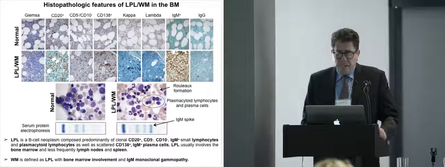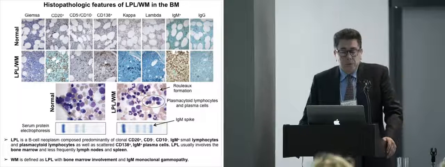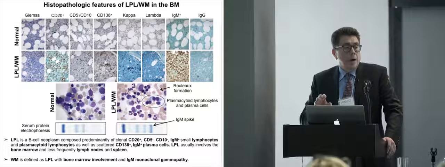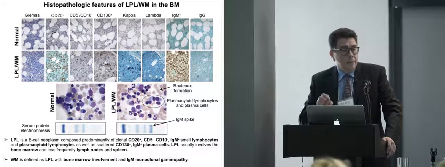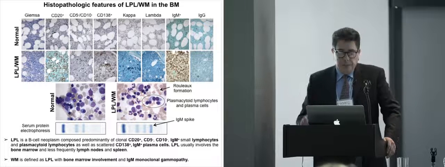And here I want to briefly show you how we do diagnosis in pathology, because this is important. This is exactly the same process that we are doing with our animal models to characterize and to say this animal is developing Waldenstrom or is not developing.